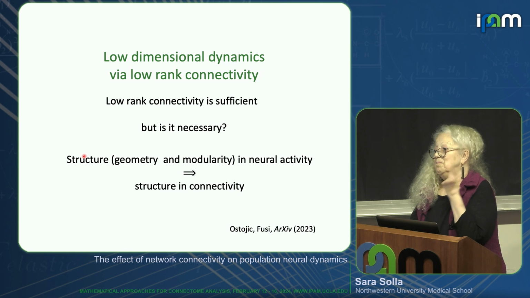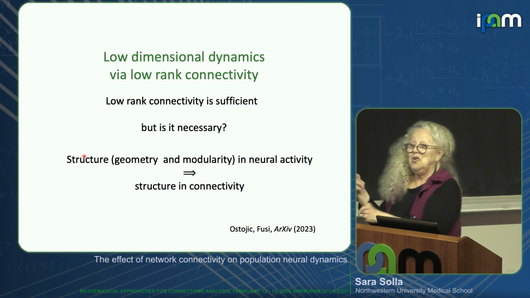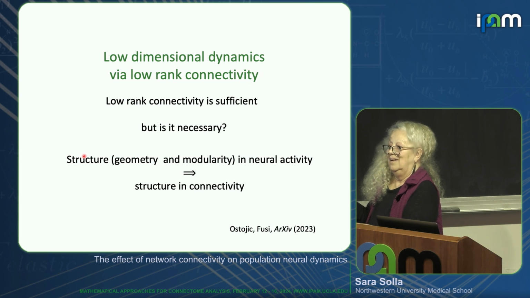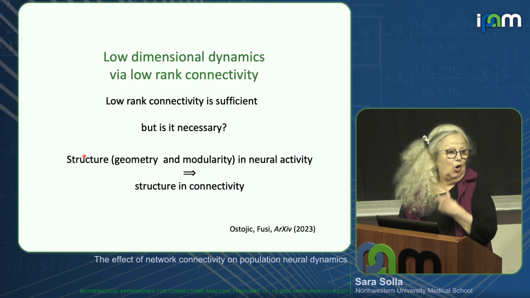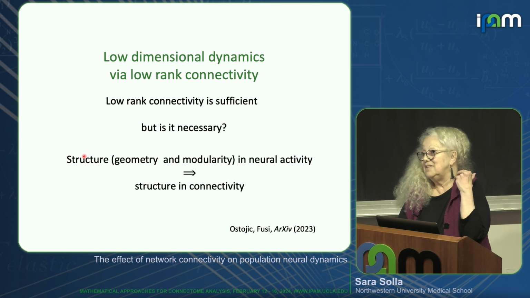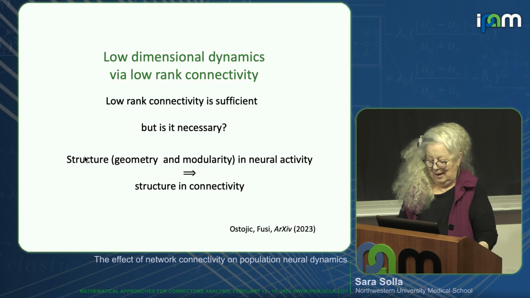Which constraints does it place on the connectivity? I'm not going to get a connectome for M1 in any near future, right? So what can I say about the statistical properties of the connectivity in M1, or the cortex in general, from the fact that we see everywhere these low-dimensional dynamics?